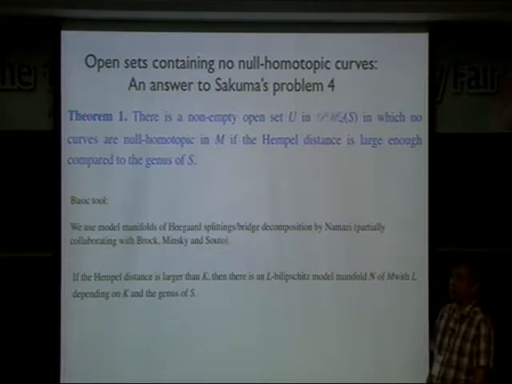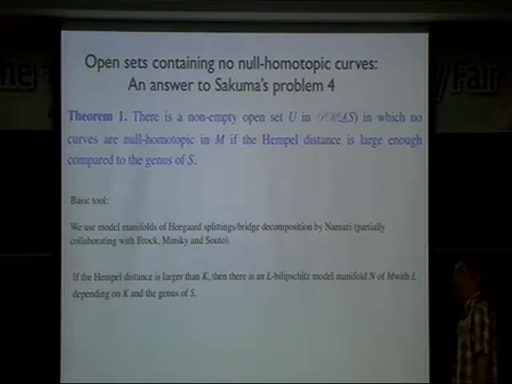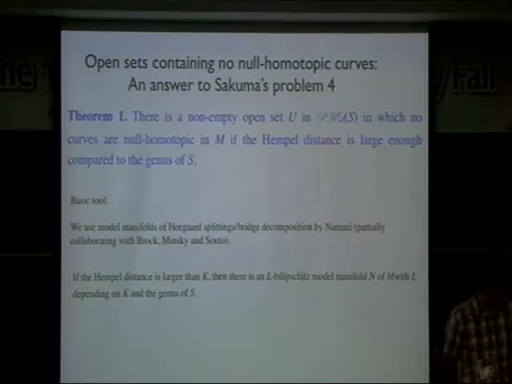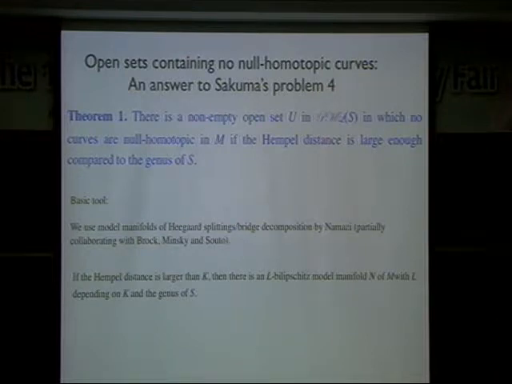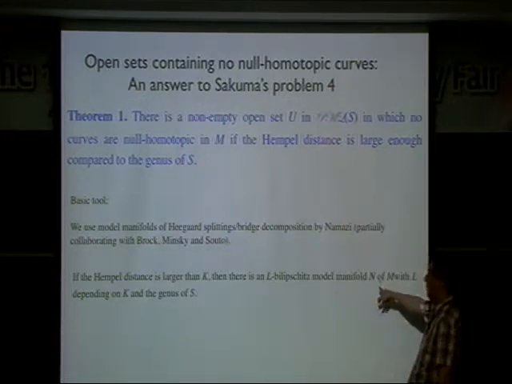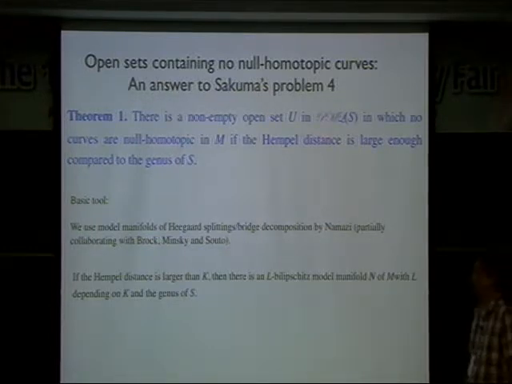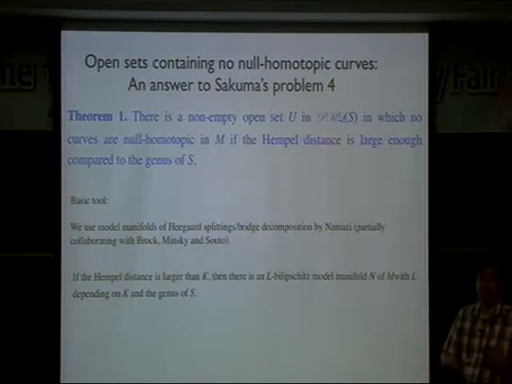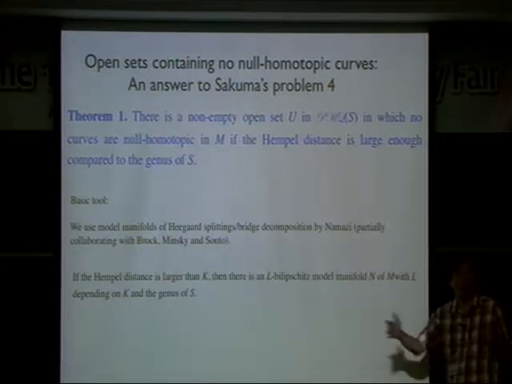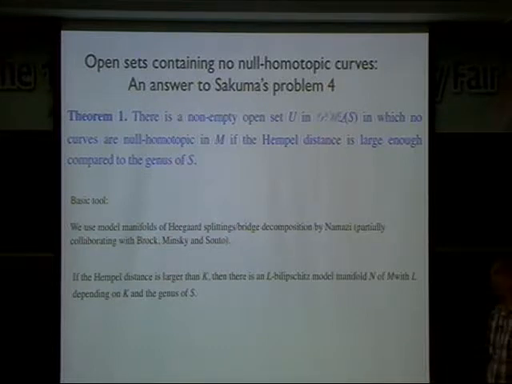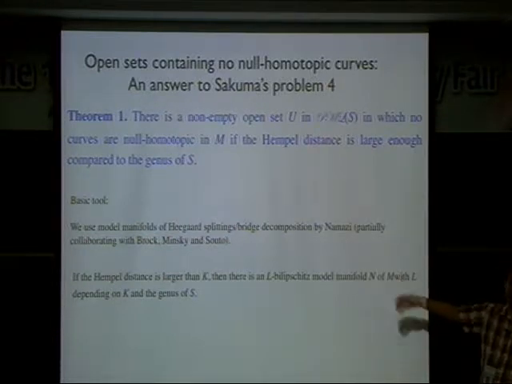If you have a Heegaard splitting or n-bridge decomposition where the Heegaard distance is large enough, then such a manifold is hyperbolic, and there is a model manifold constructed in a combinatorial way, such that there is a bi-Lipschitz map from the model to the manifold, where the bi-Lipschitz constant depends only on the genus or the number of bridges.